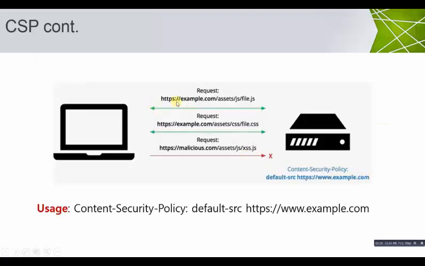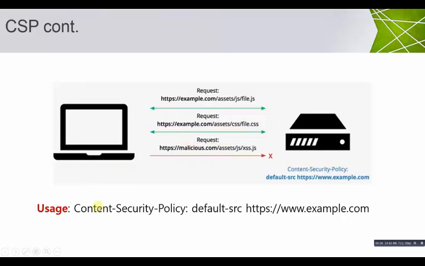So if you request file.js, it will respond back because it's defined in our CSP security header. But if you want to load an xss.js file on your web server, it will not be allowed, because malicious is not a source that our server is allowed to load its resources from.